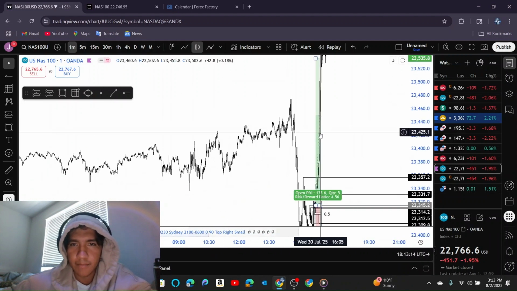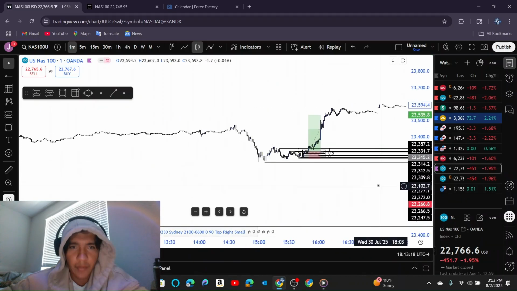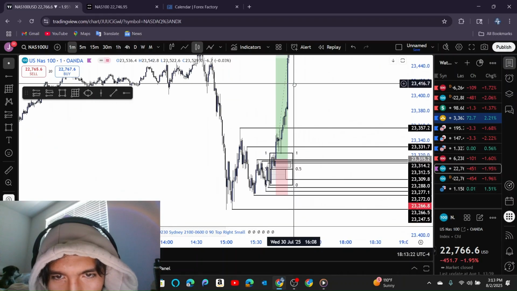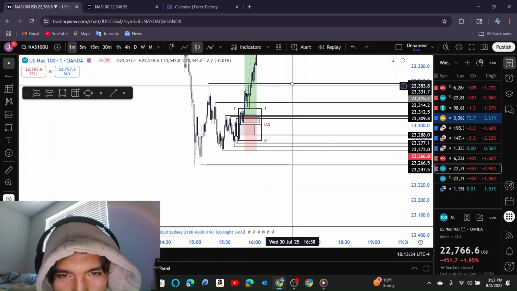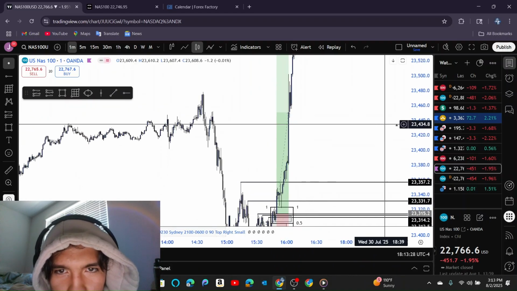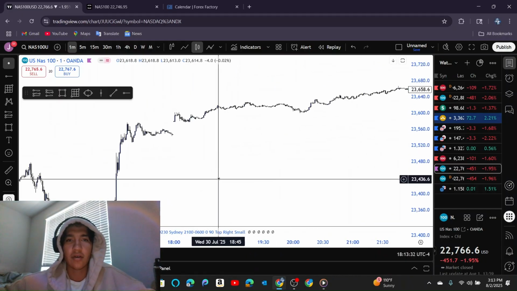But I mean, 5 to 1 forward. It's pretty self-explanatory of how I trade and what I look for. But it's kind of cool to see it play out.